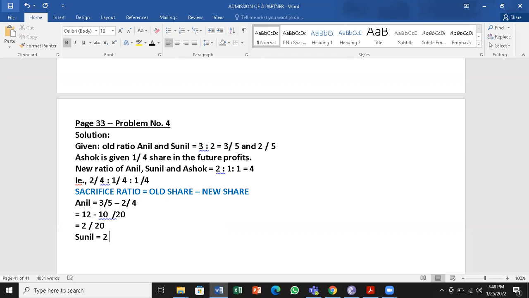Sunil then 2/5 minus 1/4. So LCM remains the same, 20. But we have to simplify further. Eight minus 5.